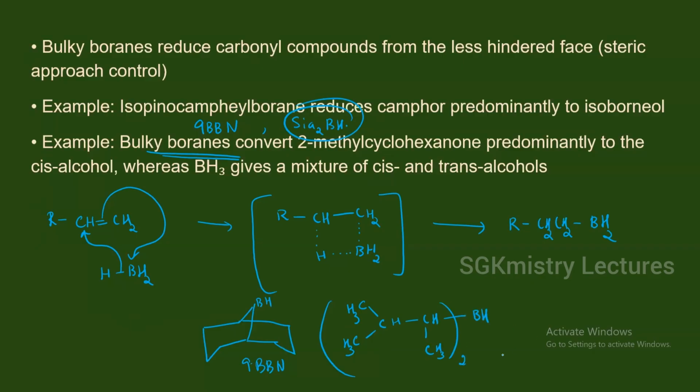So this is Sia2BH, right? So these bulky boranes can be used in cases where hydroboration is required, and these are more selective reagents when compared to the normal boranes which you are using, right? So this is about the boranes as reducing agents.